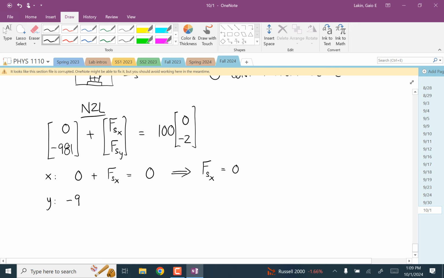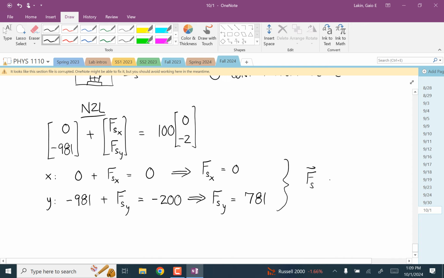And now we'll go to the y one. It says negative 981 plus Fsy is equal to 100 times negative 2, so that's negative 200. And so this time Fsy is equal to positive 781.